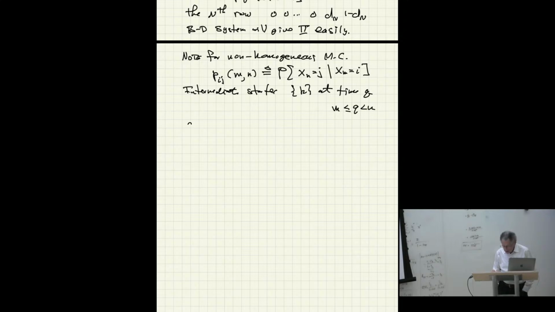Now the Chapman-Kolmogorov equation, well, we've written them down basically. Let me write them down again. Pij of m and n is the summation of Pik of m and q times Pkj of q comma n.